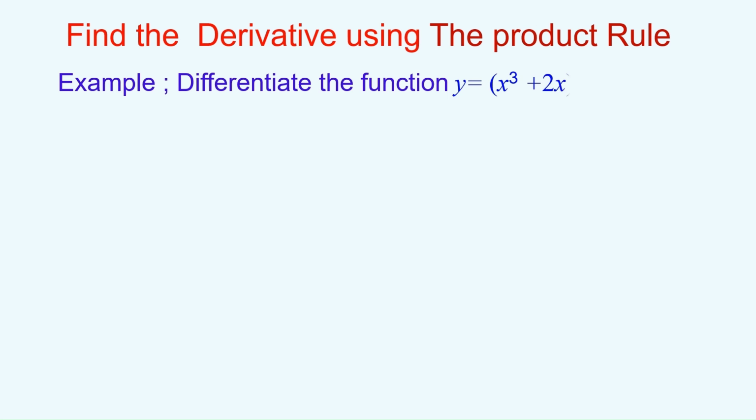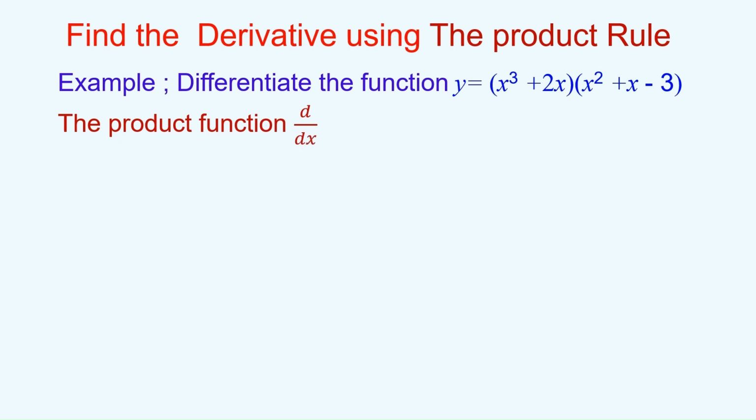Find the derivative using the product rule. Example: differentiate the function y equals (x cubed plus 2x) times (x squared plus x minus 3). Continue further.